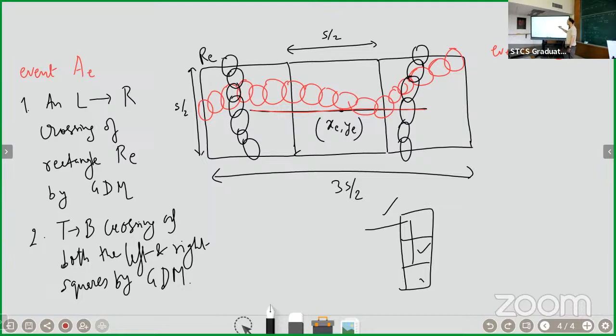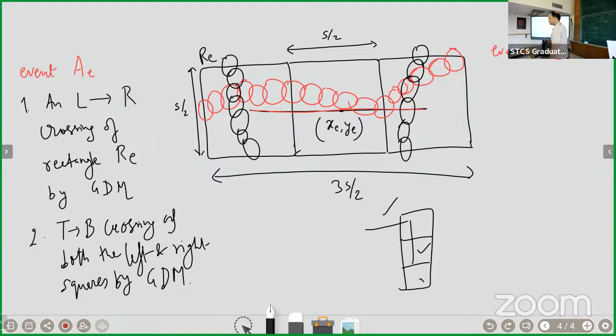I have another event to handle the SINR part. So the geometry is being controlled by the event A. The SINR part will be controlled by the event B. What I really want to say is that inside any point within this rectangle, the interference received is smaller than a particular value.